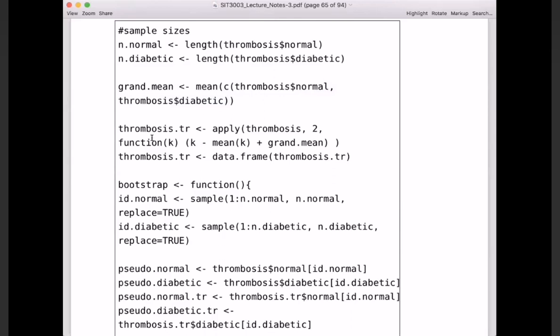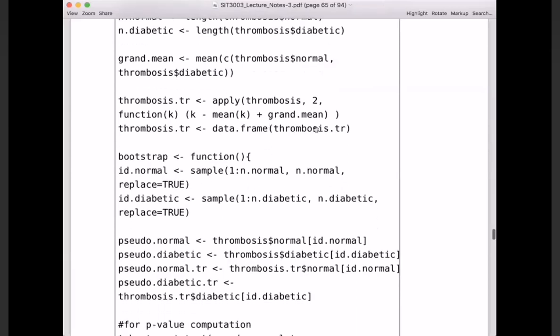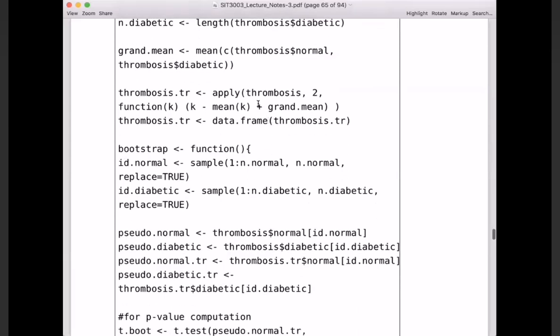So K, a generic index K. This K refers to the column here. K minus mean of K plus grand mean, all right? So basically you do the transformation. And after that, you coerce it to become a data frame, right, for analysis. Okay, so these are some simple processing steps.